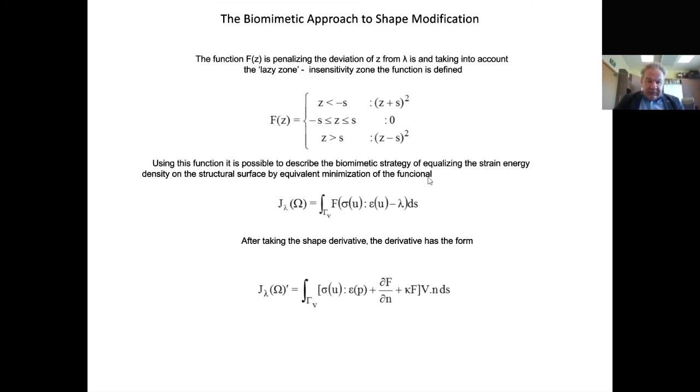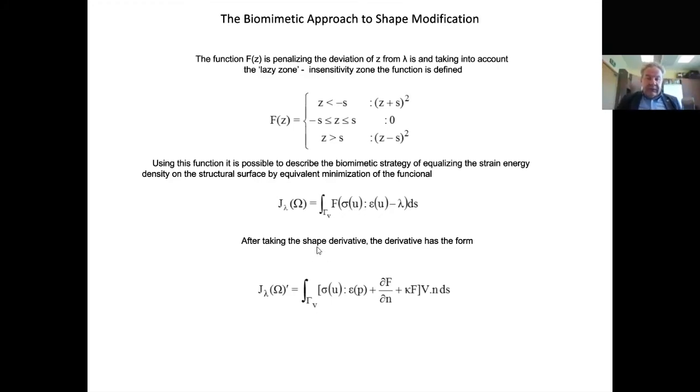And when we minimize this functional, we obtain the optimal structure by means of the lazy zone. If we minimize it, we produce the structure whose whole area or whole surface will be inside the lazy zone. So this is just the observation from nature.